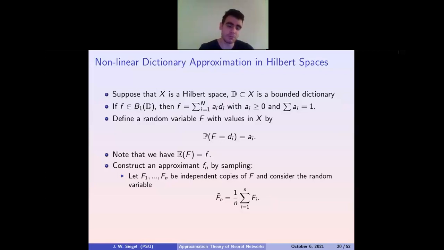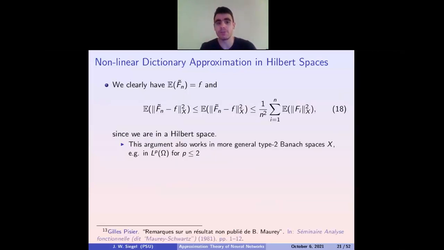And now determining how accurate this approximant is becomes just a calculation of what is the variance of this average. If I form this estimator, what's the variance? Doing this calculation, we see that the expected value of this empirical average is still exactly the target function, and the variance of that estimator goes as 1 over n.